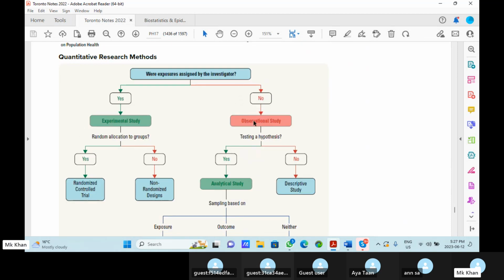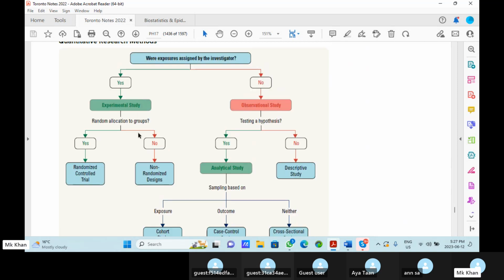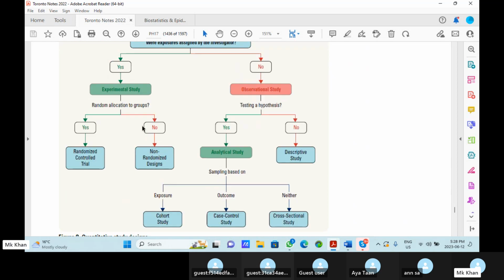Yes or no. In the observational study, the investigator is not assigning the exposure because it is only observation. In the experimental study, they are assigning the groups. So the experimental study is randomized control trial and non-randomized control trial, according to the groups that they are allocating. So the experimental studies are these two.